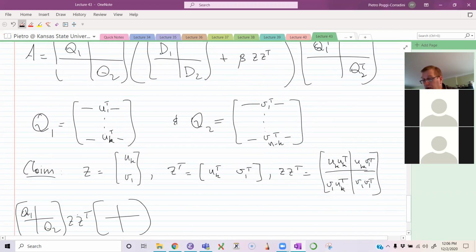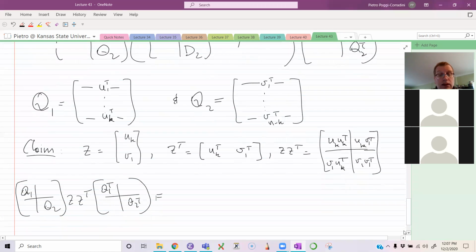The beta is just a scalar that'll come out.